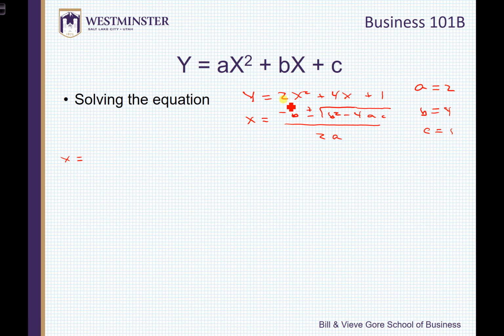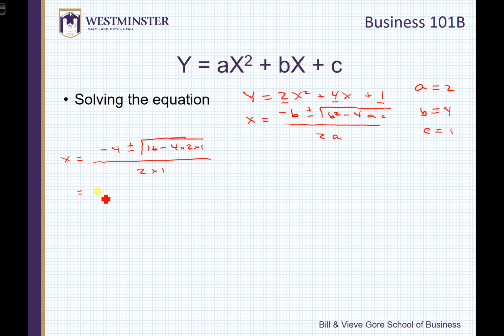A, B, C. So as we go to solve this, we have negative b, or negative 4, plus or minus the square root of b squared, 4 squared is 16, minus 4 times a, or times 2, times c, times 1, and all of that over 2 times 1.